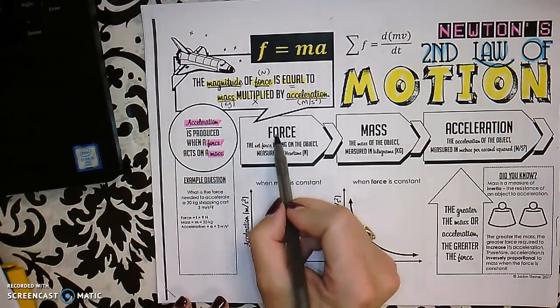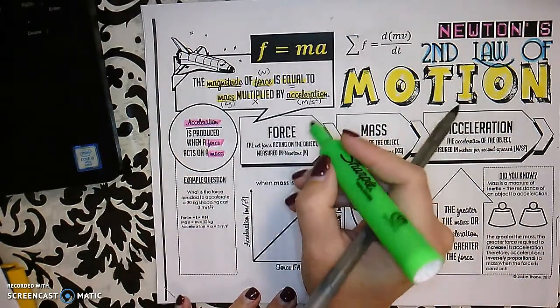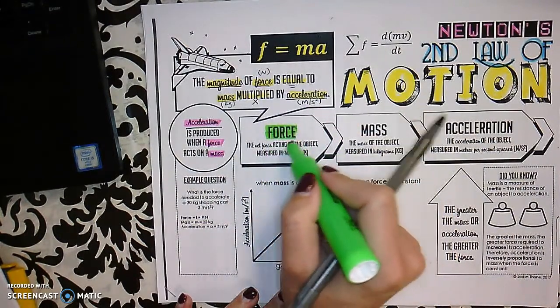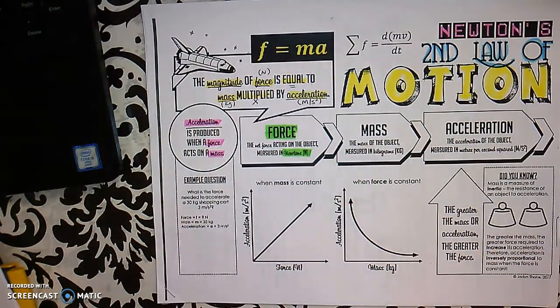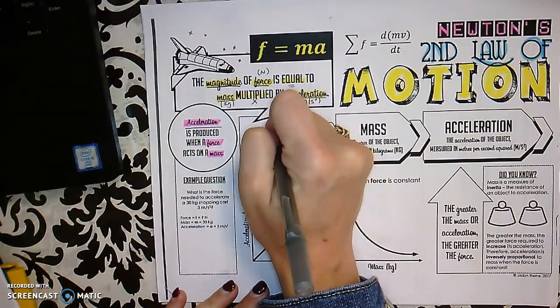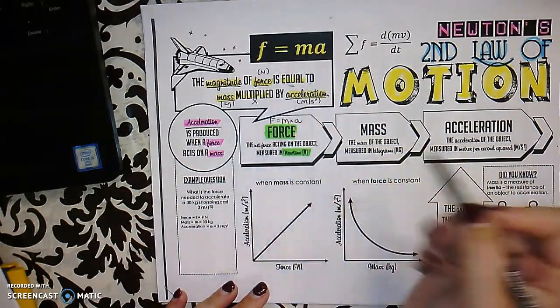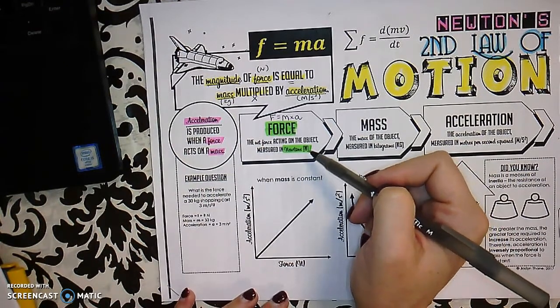Then force, I'm going to switch colors. Force, the net force acting on an object, is measured in newtons. And our little formula is F equals M times A. Now I have a silly memory trick for this, and I shared it with my classes yesterday.